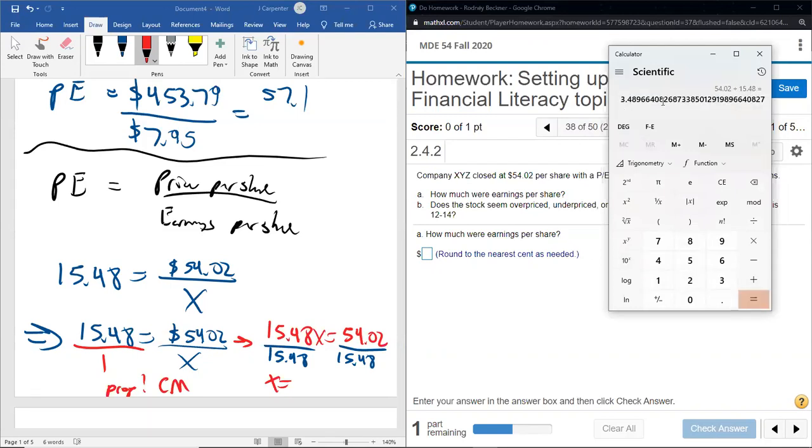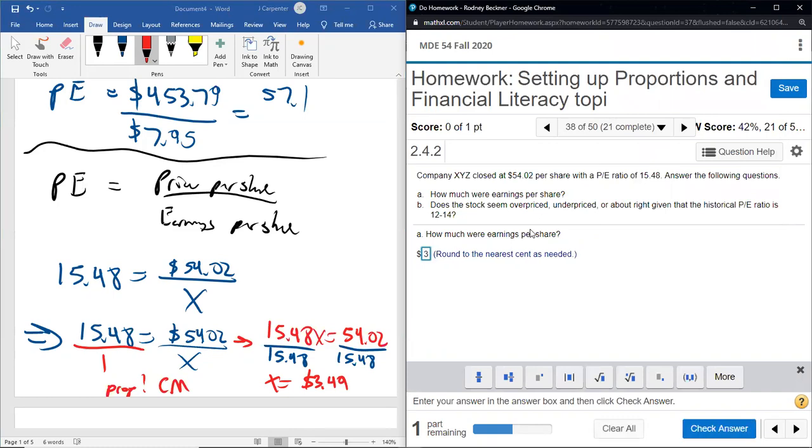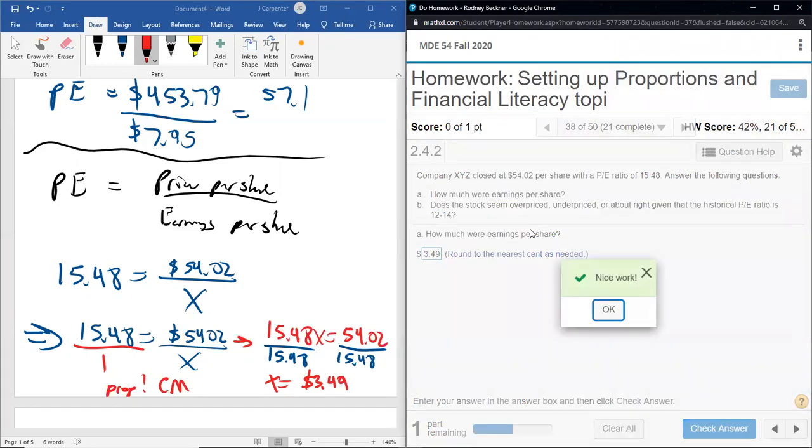We get 3.489. They asked to round to the nearest cent. This is a dollar amount. Remember that X was earnings per share, so that should be 3.49 since we're rounding to the nearest cent. So that means if you owned one share of that company, you would get $3.49 for owning that share. If you own 10 shares, you'd get $34.90.